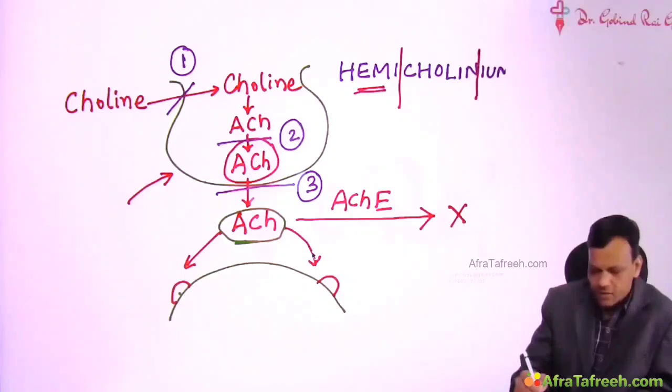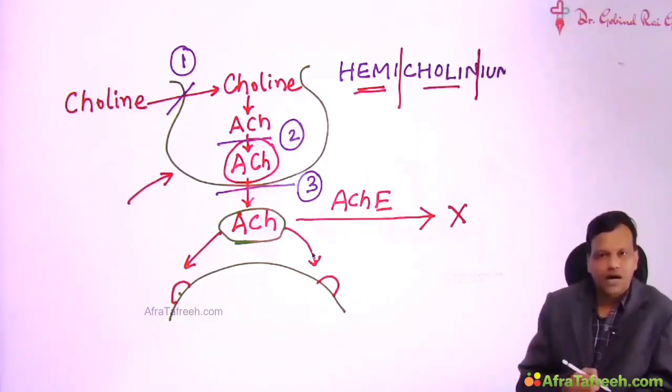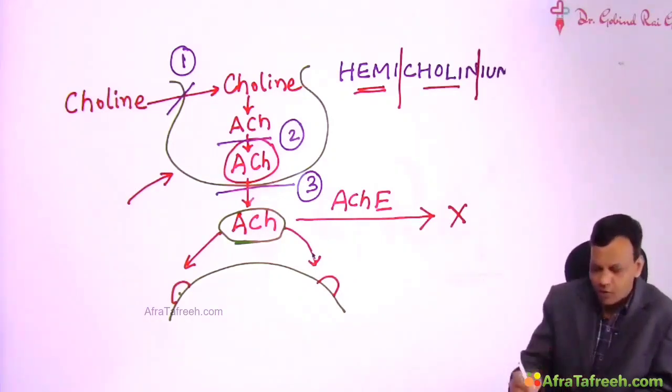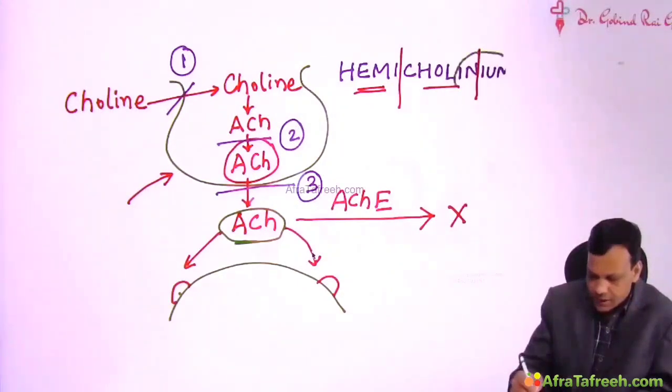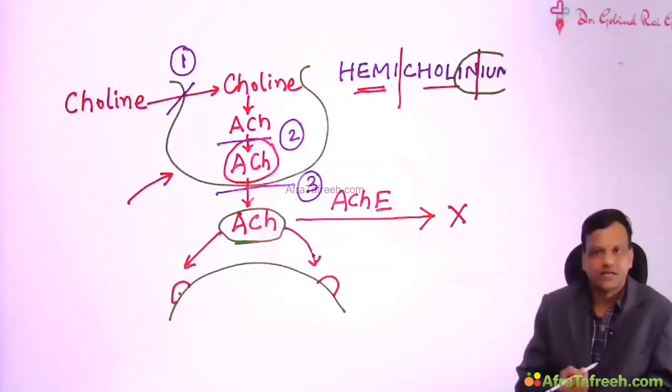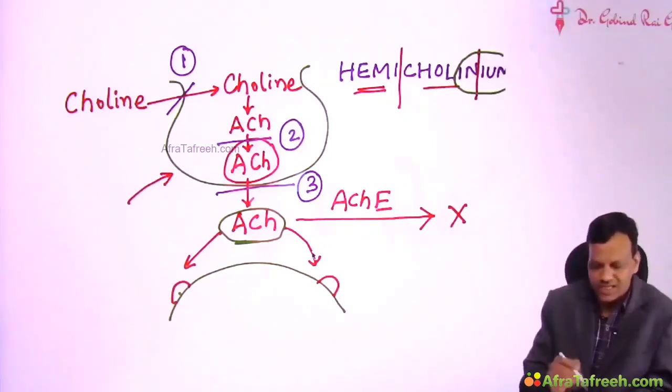Hemi means half. Hemi is half choline. So only half of choline, and again you can see the name says inium. Inium means coming inside. So only half of choline will come in. When only half of choline is coming inside, half acetylcholine is formed, so half action will come. So it will decrease the parasympathetic activity.